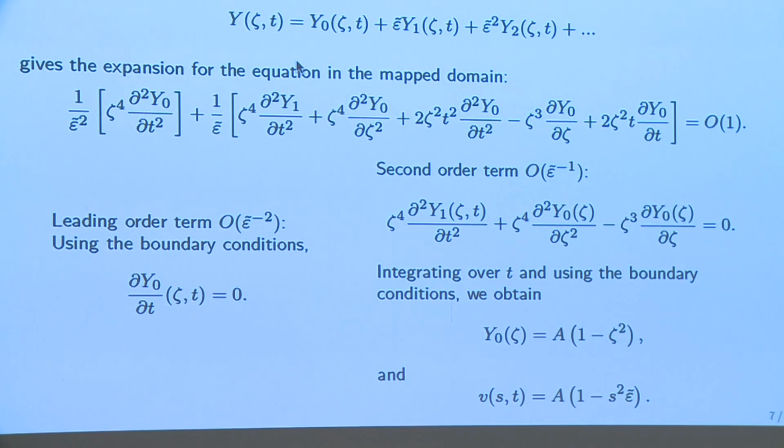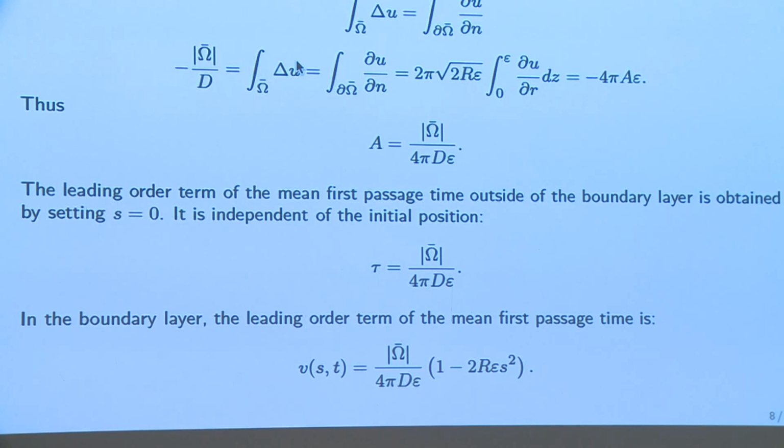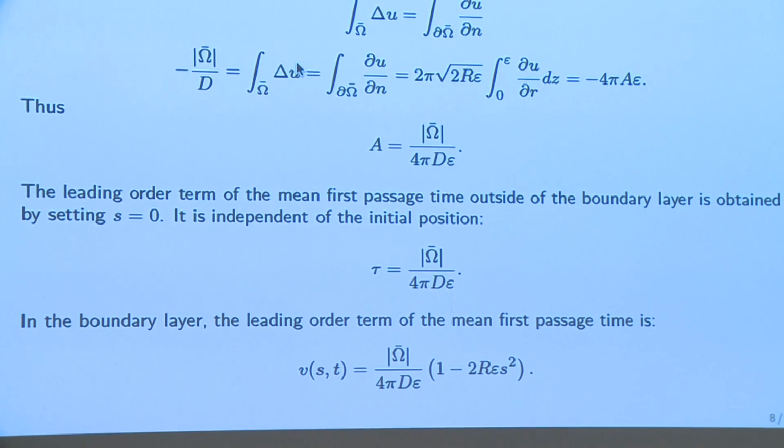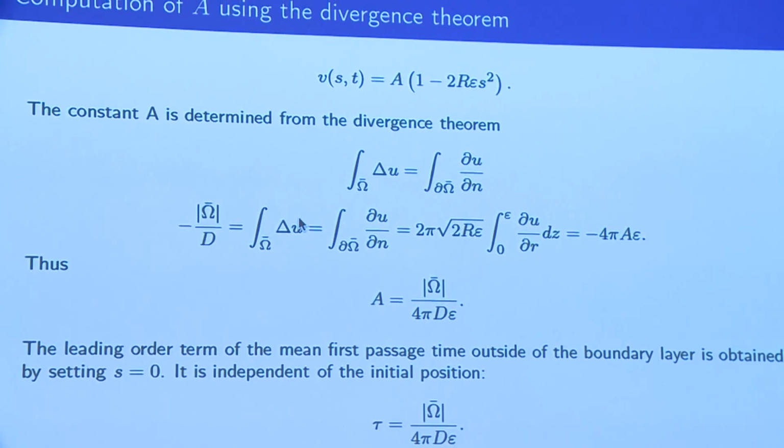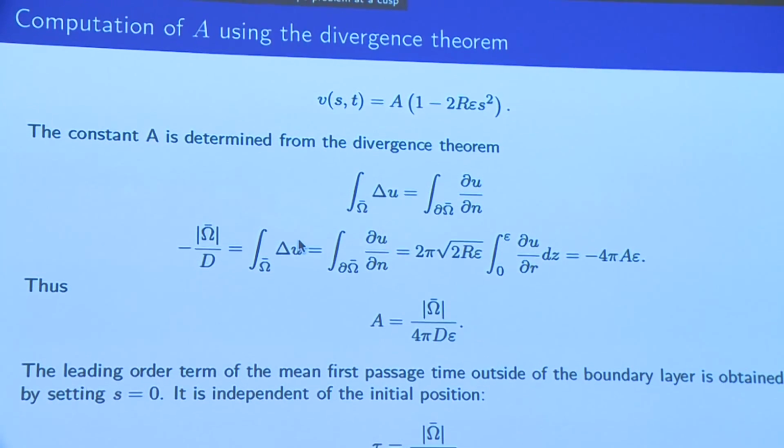So we cannot use the reflection, the last boundary condition we get. To compute A, we will use the divergence theorem, which says that the integral over Omega of the Laplacian of u is equal to the integral over the border, a very classical equation.